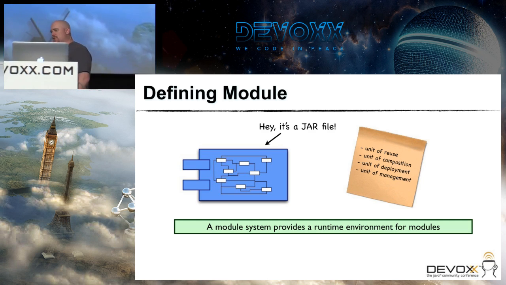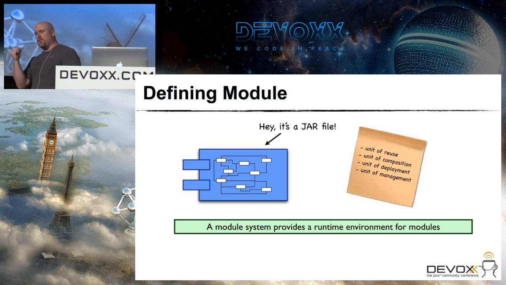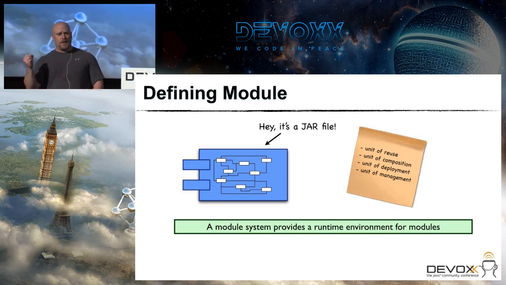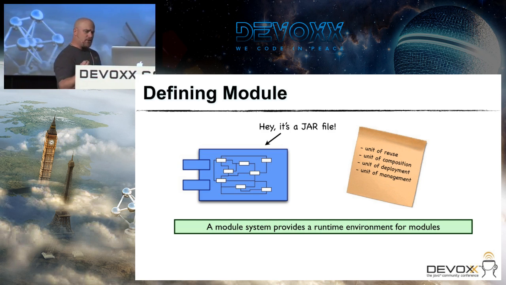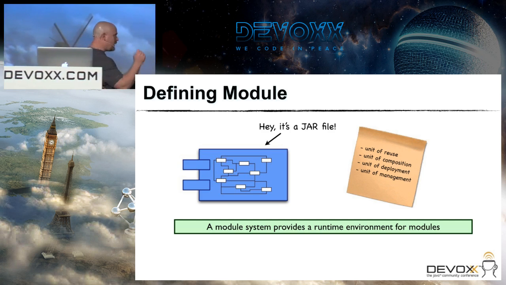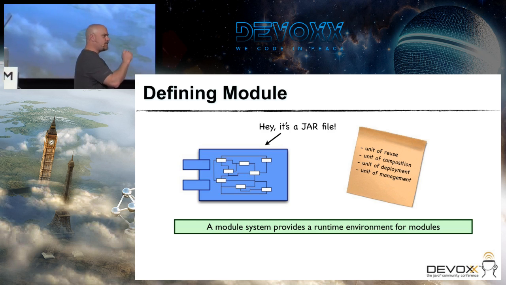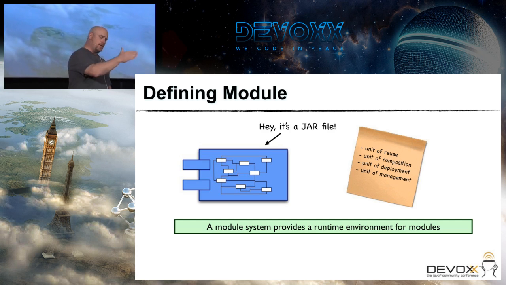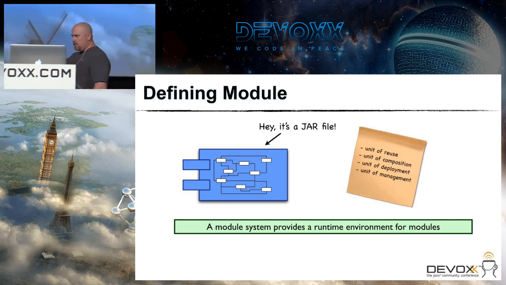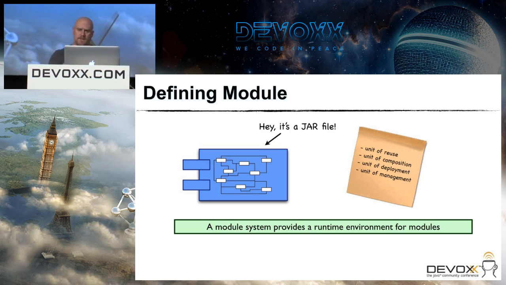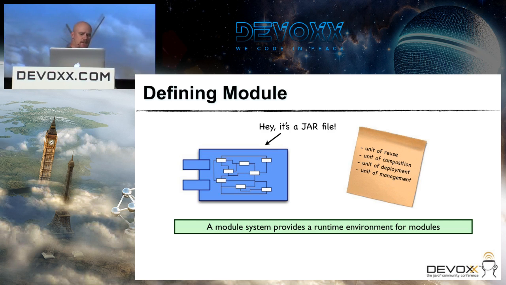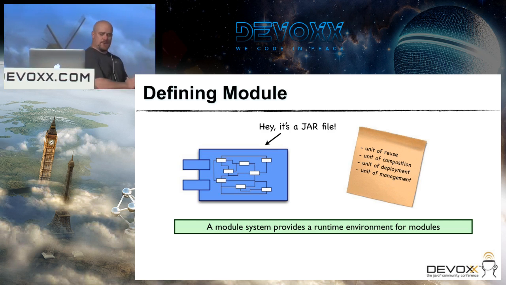And that's because objects typically exist at the wrong level of granularity to achieve a great deal of reuse. Modules, on the other hand, are an ideal candidate for reuse, as stated by the reuse-release equivalence principle. The unit of reuse is the unit of release. In order to make something reusable, I have to make it releasable. We're going to talk a little bit more about that as well.